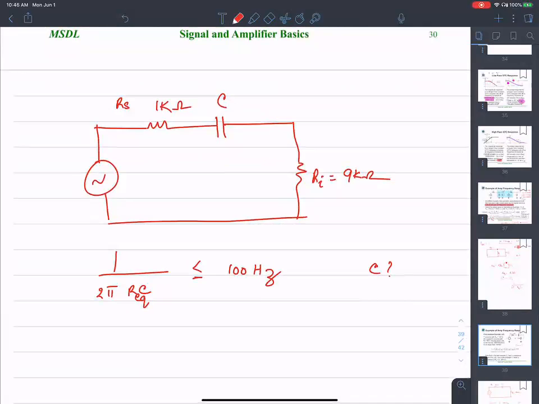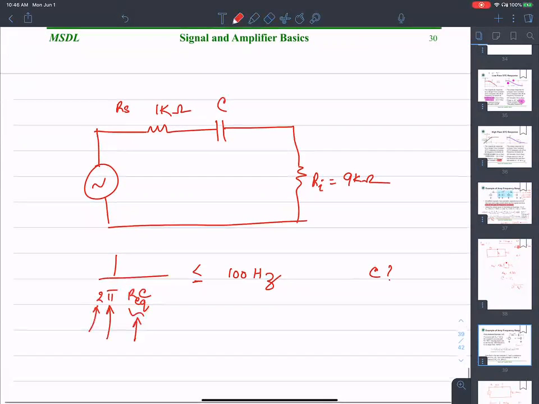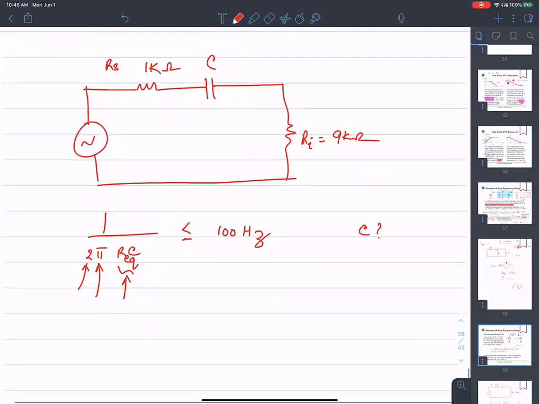How do you find R? It seems that we know just about everything here. If we can find R equivalent, then we have the value of 2 pi and R equivalent, so we should be able to find the value of C. In order to find R equivalent, we follow the same approach as earlier. We short circuit the independent voltage source.